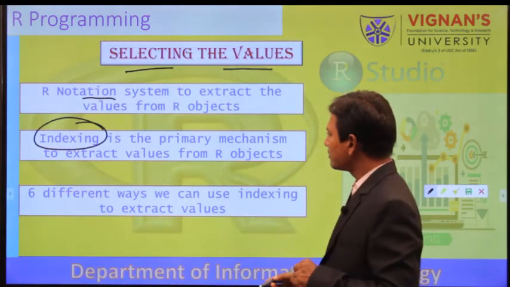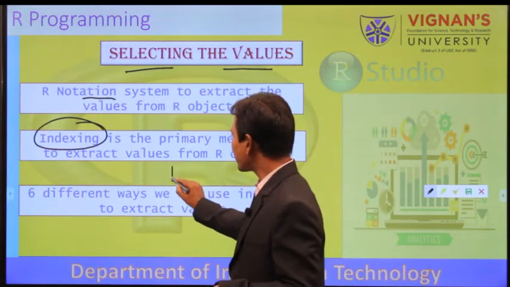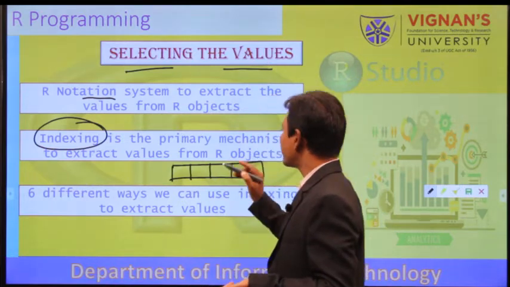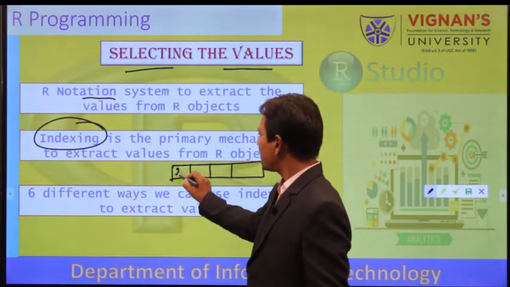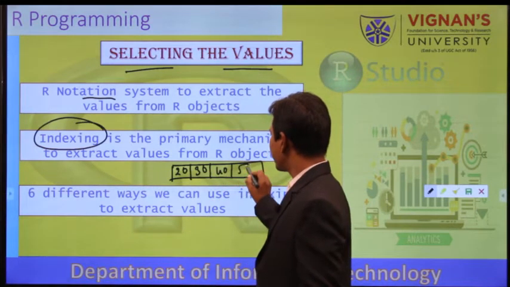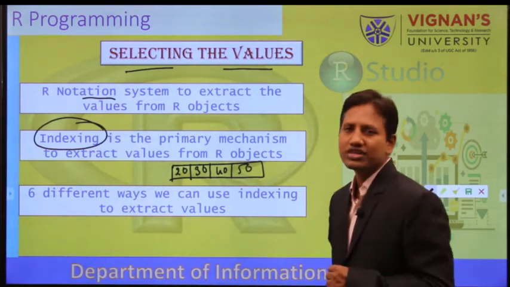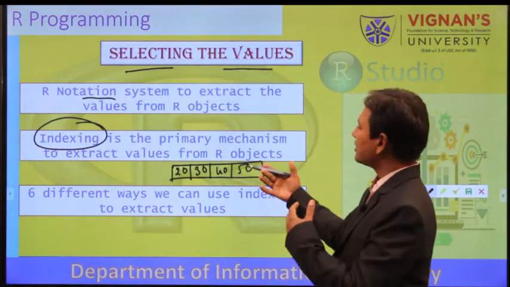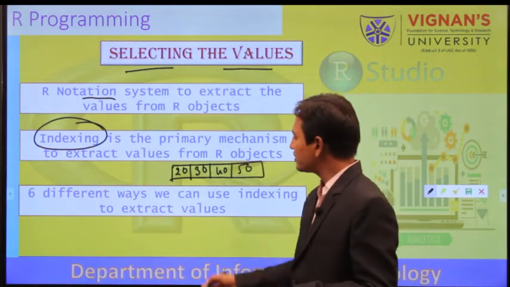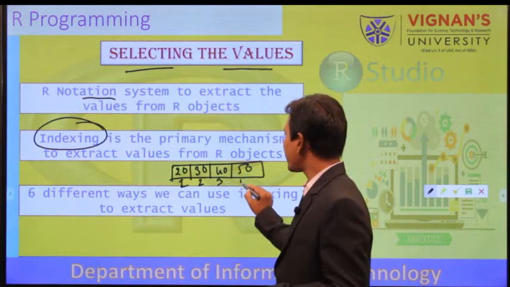For example, assume that we have created a vector with some numerical values. We can represent the vector in this format. Here we have the values 20, 30, 40, 50. Like this we have 4 values in a vector, and the indexing starts from 1 in the R programming language. So here we put the index values 1, 2, 3 and 4.